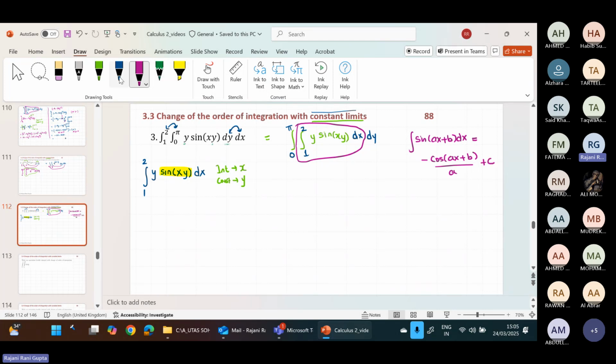So what we were doing here, as a is a constant, and this constant is multiplied with x. So we divided by a. So in the same way, if I have to integrate sine of xy with respect to x, can you tell me, if I write it as cos of xy, I should divide by which term?